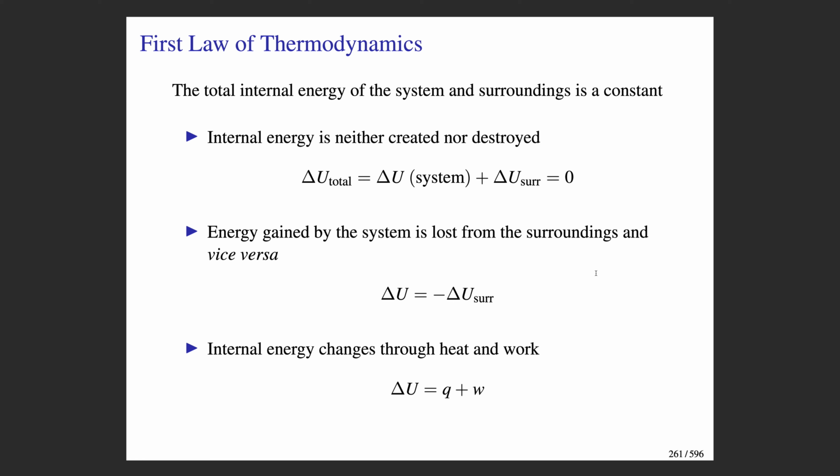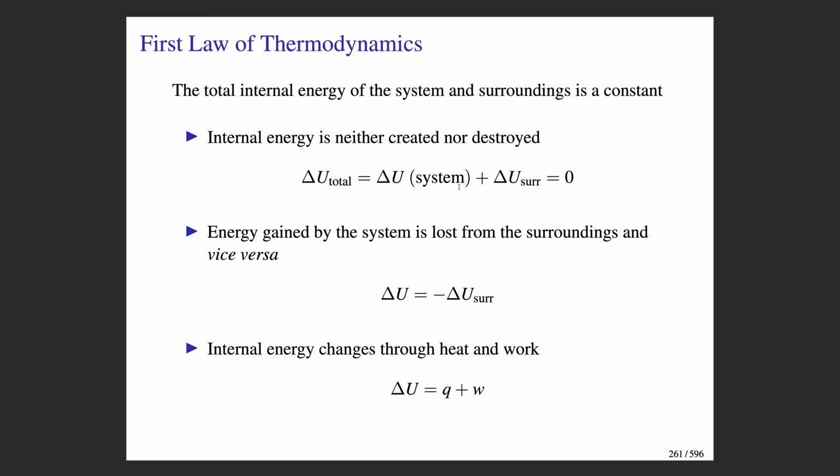The first law of thermodynamics is also called the law of conservation of energy. So here in the equation, delta U total includes both the change in the system's internal energy plus the change in the surroundings' internal energy. And the sum of those two changes must add up to 0 for any process.